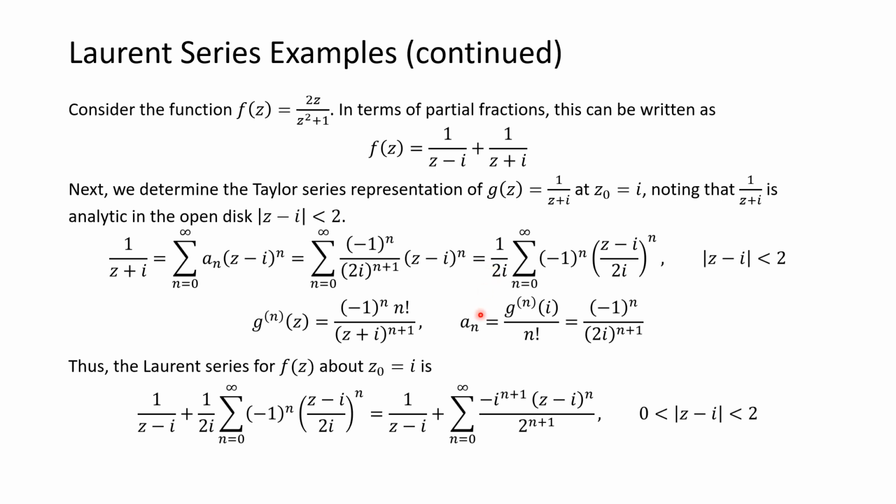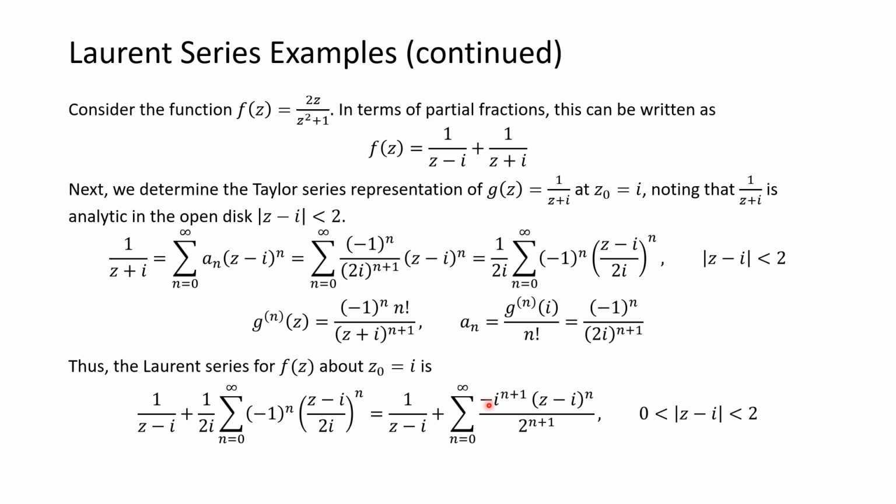And so we just put this together with 1 over z minus i, and then you get these terms here, which are all in the form z minus i to some power. You can write it like this if you like.